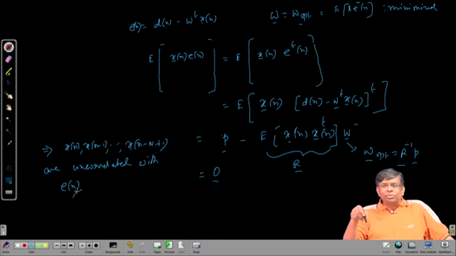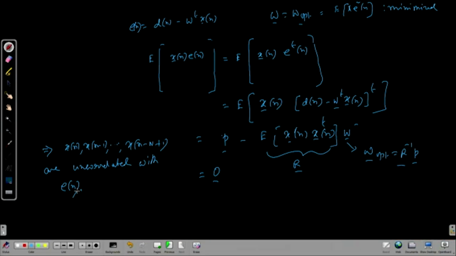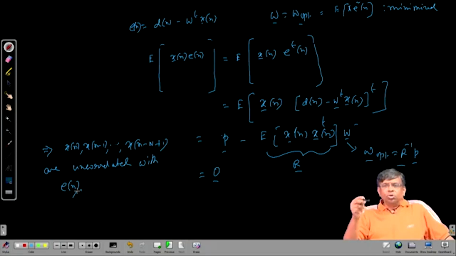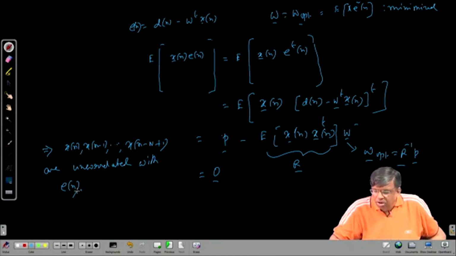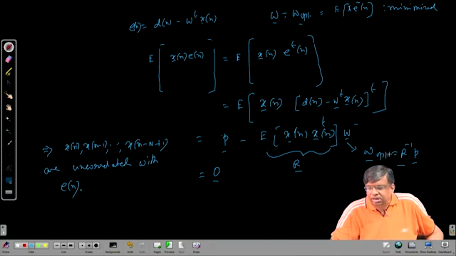Rather, it will be better if the filter has a learning or training mechanism by which it can learn about the changing statistics of the input, the cross correlation and autocorrelation, from the data itself, and it adjusts the filter coefficients clock to clock, nth clock to n plus 1th clock to n plus 2th clock, so that finally the filter weights again converge to the new value of R inverse P, because R has changed, P has changed.